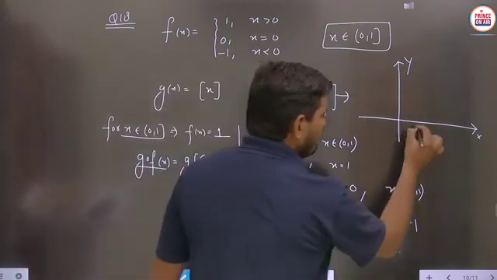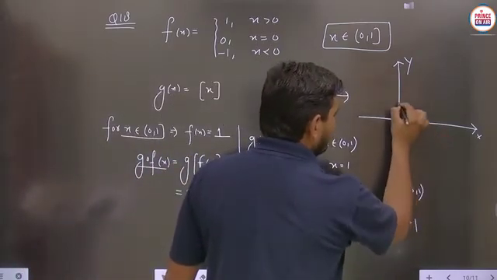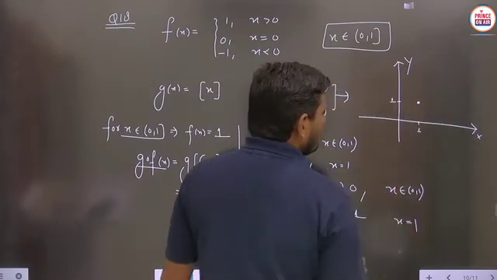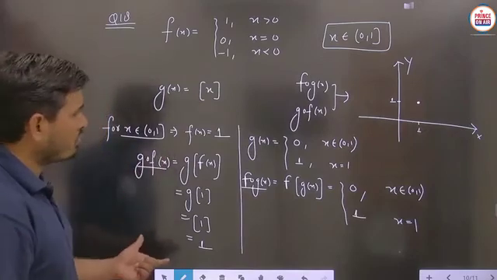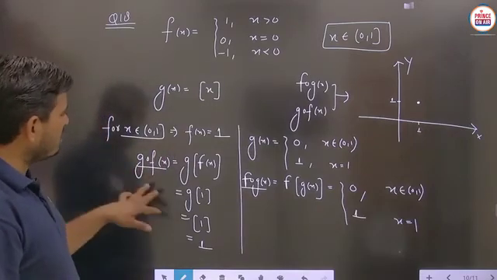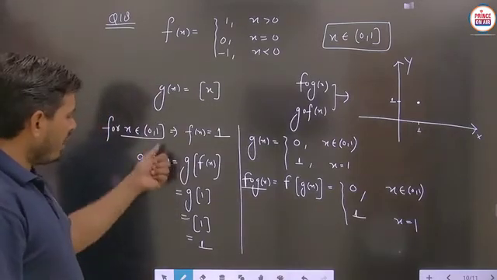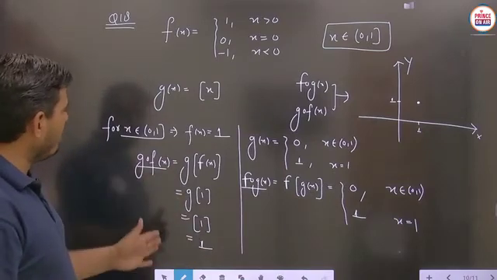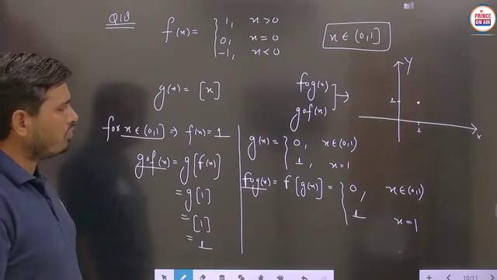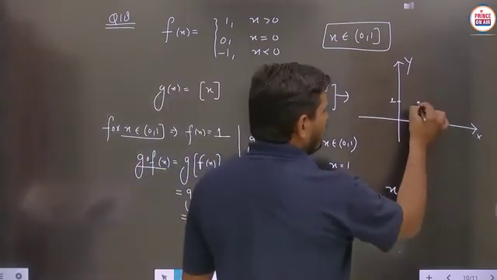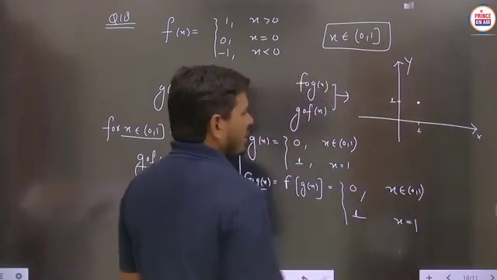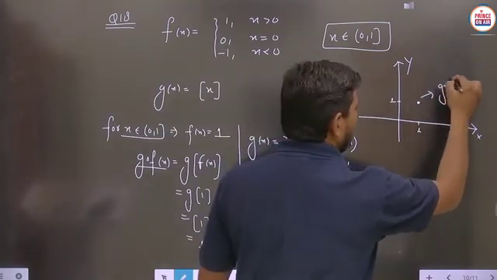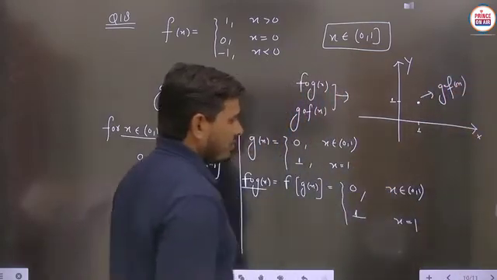Suppose this is 1 and this is 1, then we get this point, because according to this question, in the interval 0 to 1 the answer is found to be 1. Is it clear? You can take any value of x from 0 to 1, and the answer is always 1, so this point is represented. This is the only graph of g o f (x), meaning only one point. Is that clear?